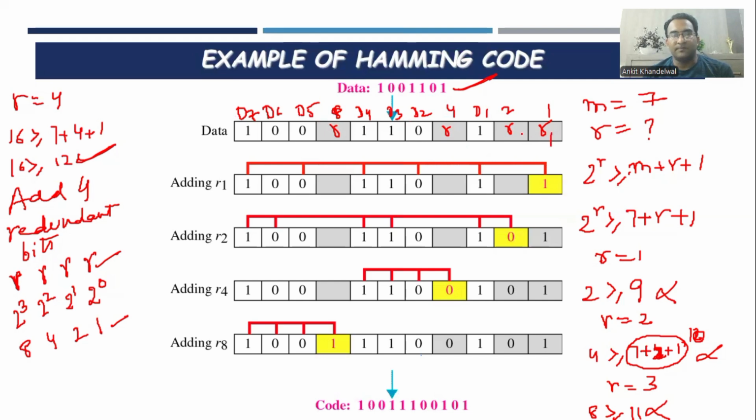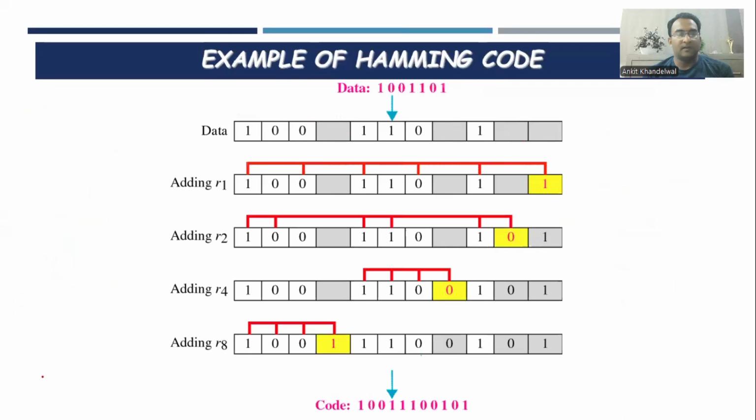This is R1, this is R2, this is R4, and this is R8 there. These are the four redundancy bits which we are going to add in the data in between there. Now we have to find out the value of R. All these positions, how are we going to find out the values?